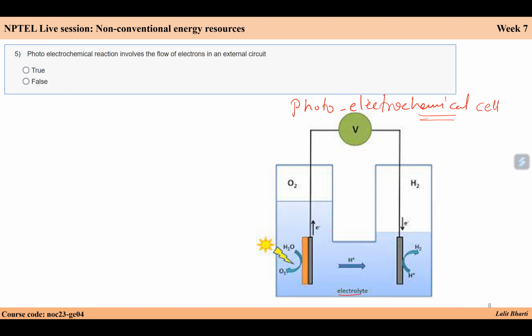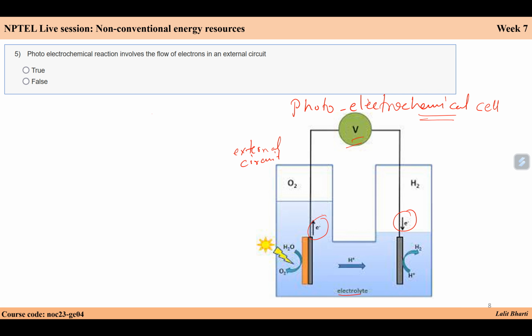So we have two electrodes. So you can see this is the external circuit, and it is easy to understand that electrons are flowing in the external circuit and some potentials are created here.